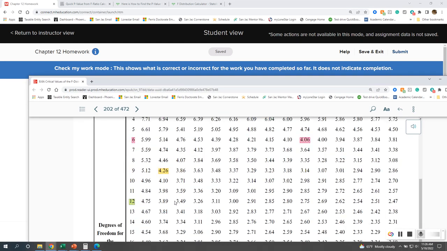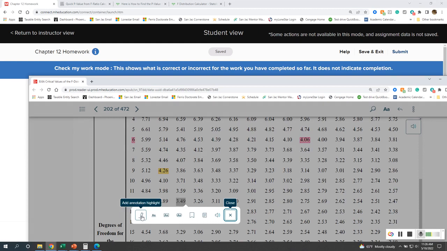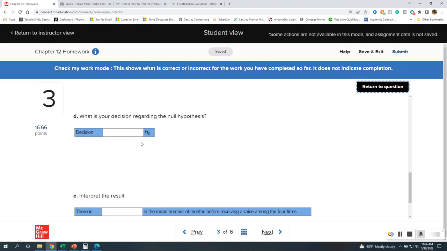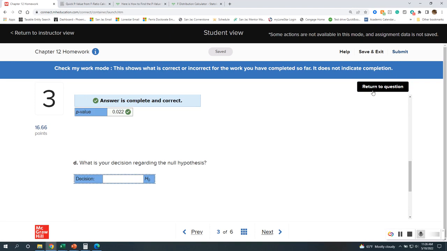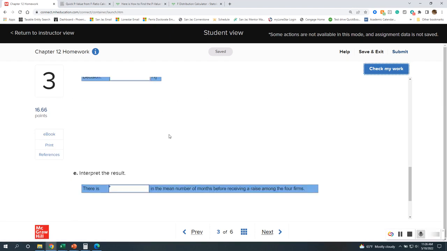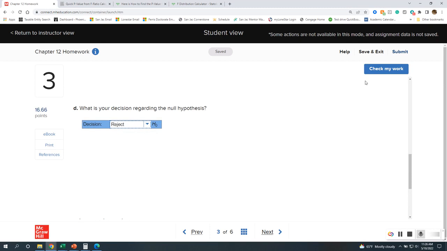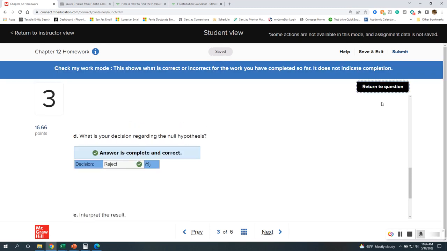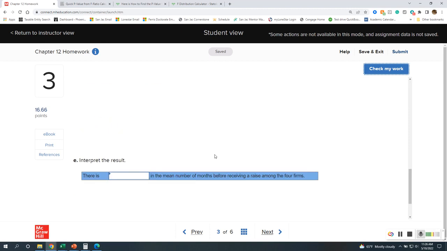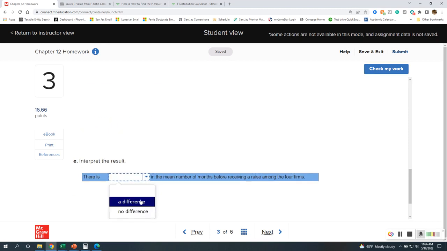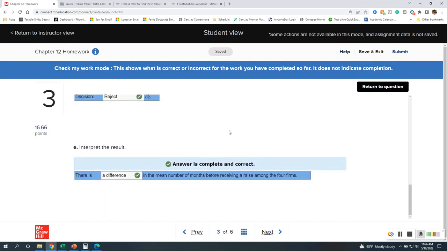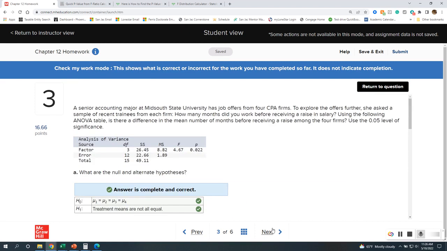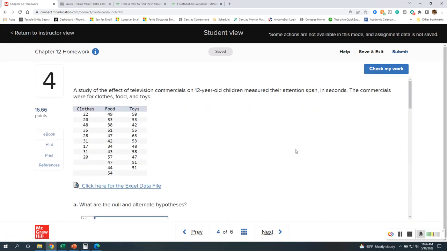So 3, 12 comes out to 3.49. So this is indeed greater than 3.49, so we are going to reject the null. So this means there is a difference. There we go. So that's question 3. A little bit easier because we got the ANOVA table.